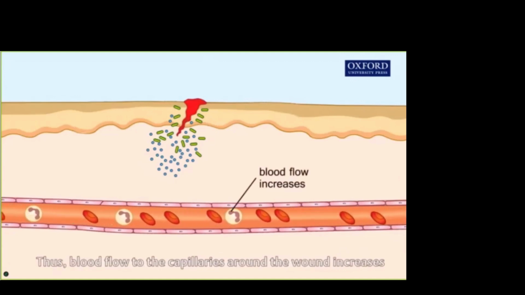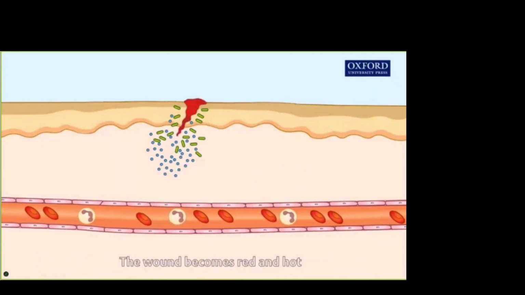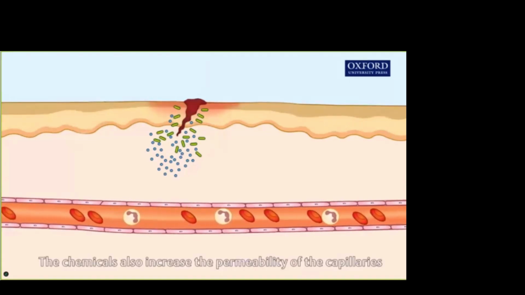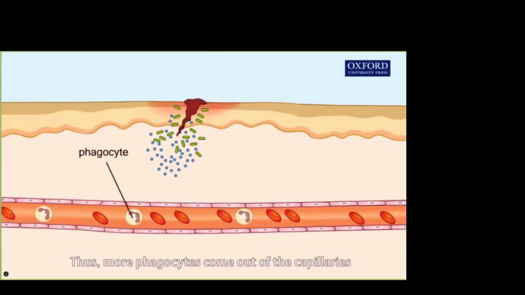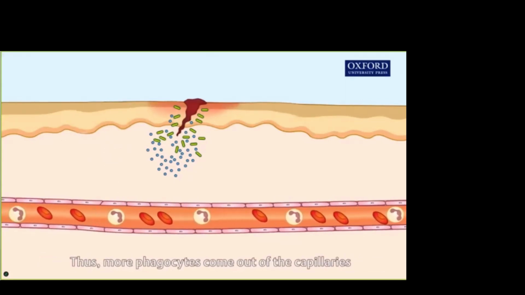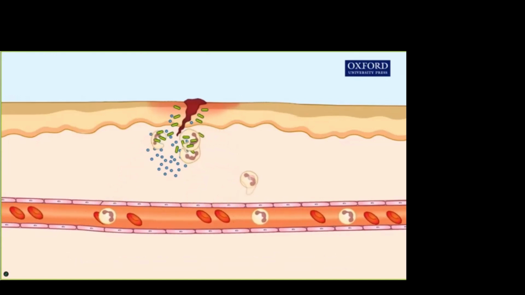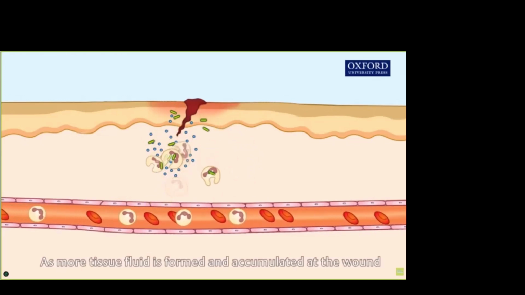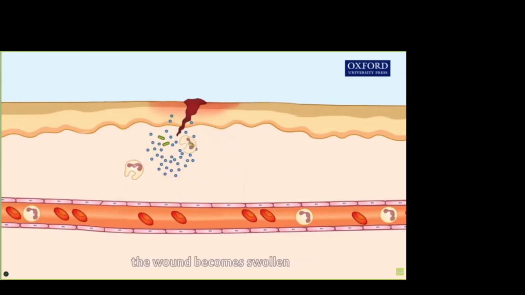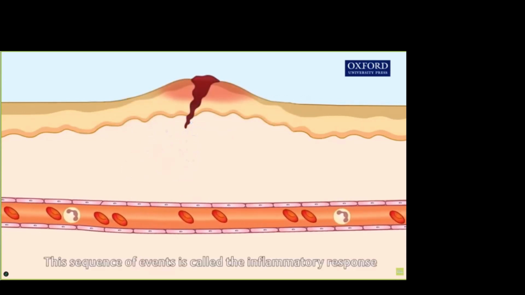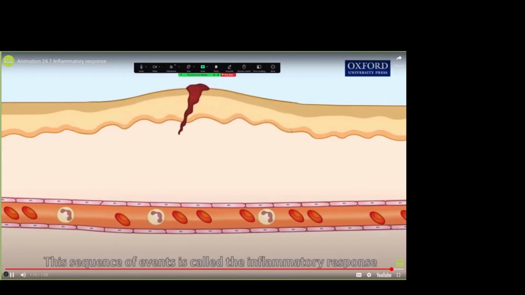Thus, blood flow to the capillaries around the wound increases. The wound becomes red and hot. The chemicals also increase the permeability of the capillaries. Thus, more phagocytes come out of the capillaries to engulf and digest the pathogens. As more tissue fluid is formed and accumulated, the wound becomes swollen. This sequence of events is called the inflammatory response.